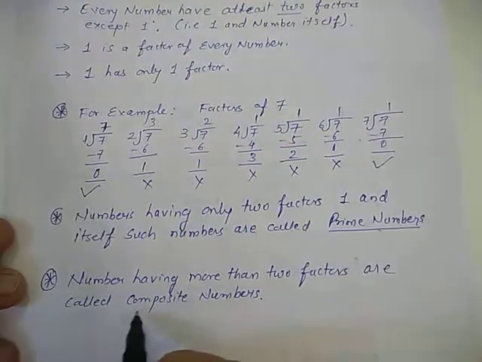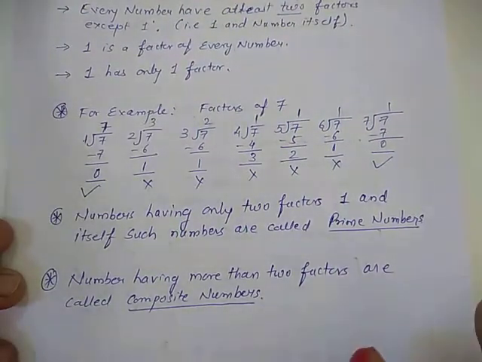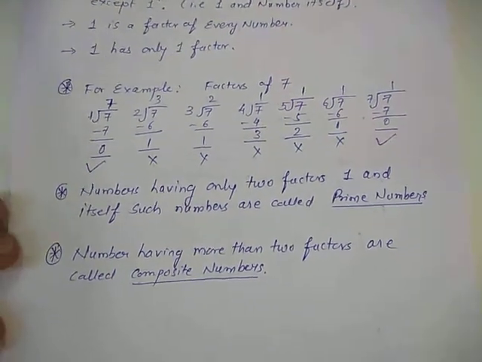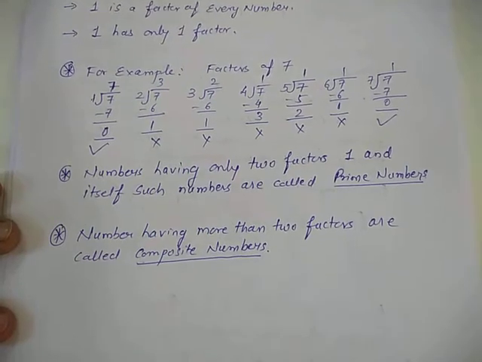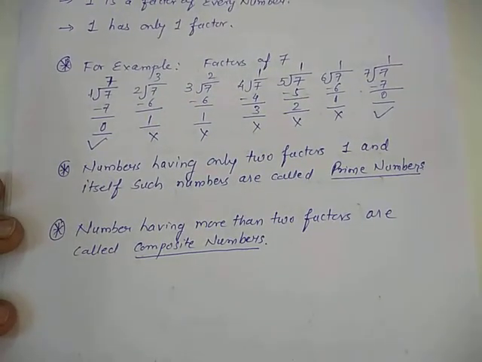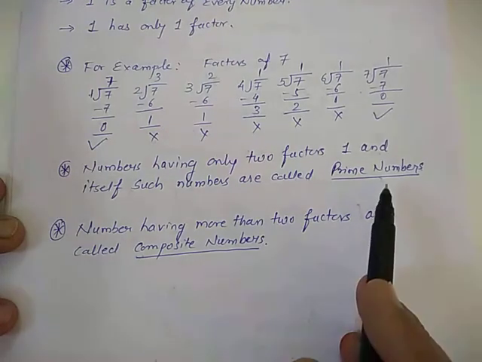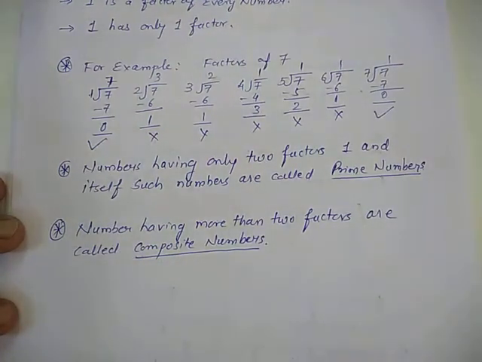So this may be asked in the blanks form or in the MCQ form. That's why we are going theory wise. So a question arises: numbers having more than two factors are composite numbers, and only two factors means prime number, but one is a special number because it has only one factor.